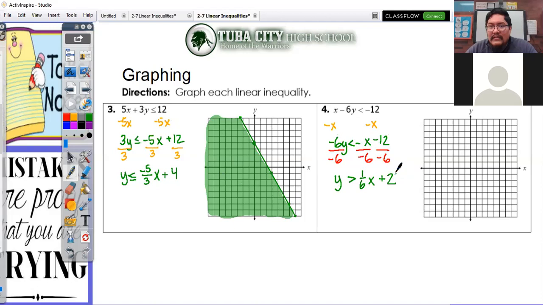Now if we look at it, the mouth is open towards the y. So graphing it, mark out the b value, so 2 in this case, and then up 1 over 6. I like to have 3 points on a graph.